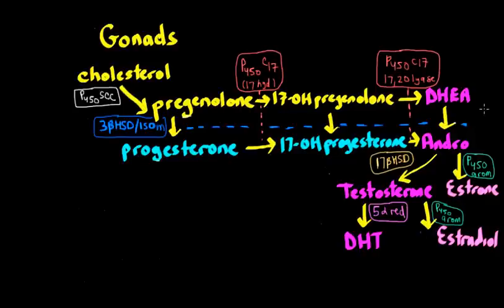Now, what's not shown here is that DHEA can also play an important role in providing androgen precursor to the production of estrogens. Particularly that's important in the fetal adrenal gland. Okay, so the fetal adrenal gland has a special zone that doesn't have the 3-beta HSD isomerase, and the fetal adrenal is making lots of DHEA.